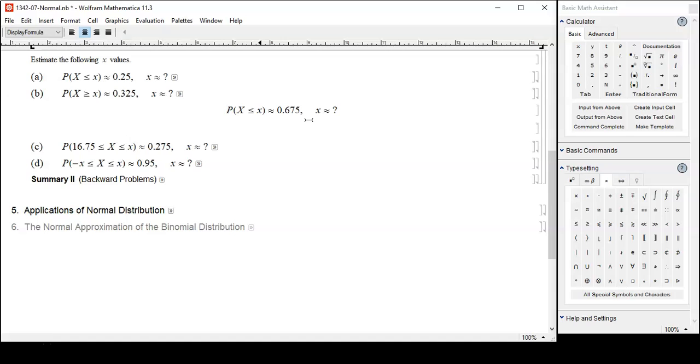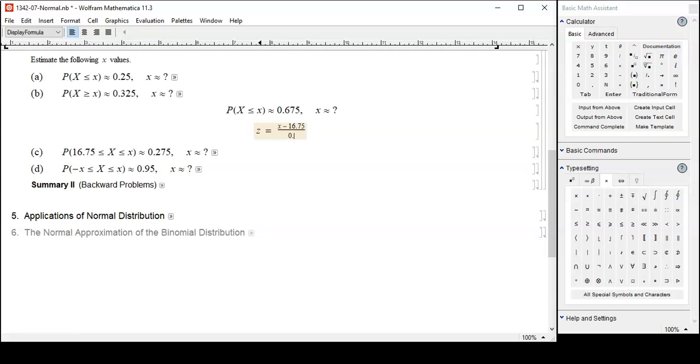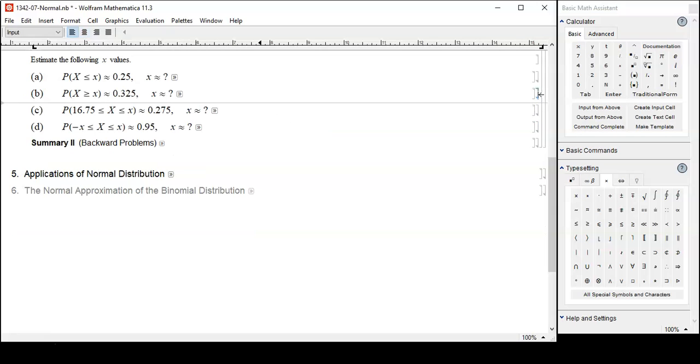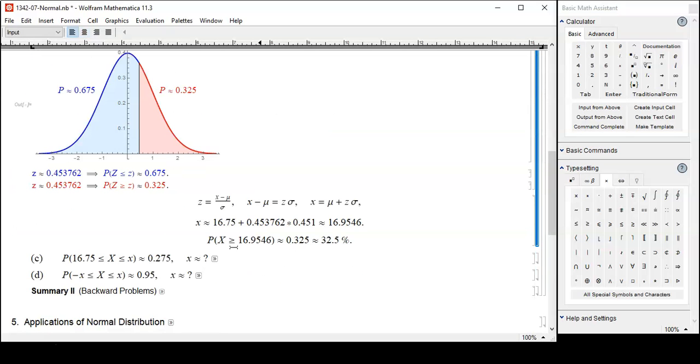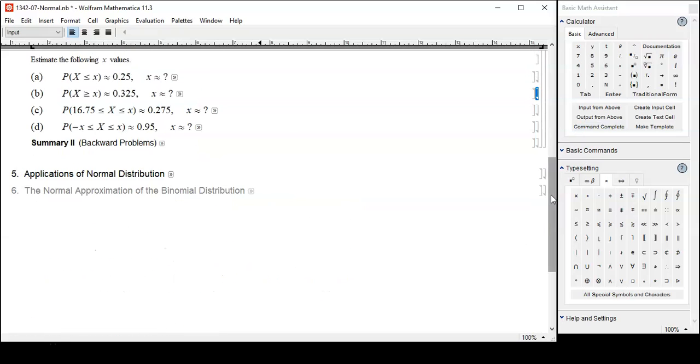So the z-score is n minus center over SD, and that's approximately equal to some number you got. And then solve this equation, you can find out the x value. If you do it right, you're going to get about this number. I'm going to leave the details to the students.